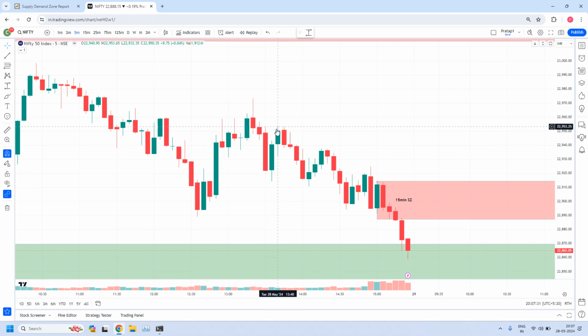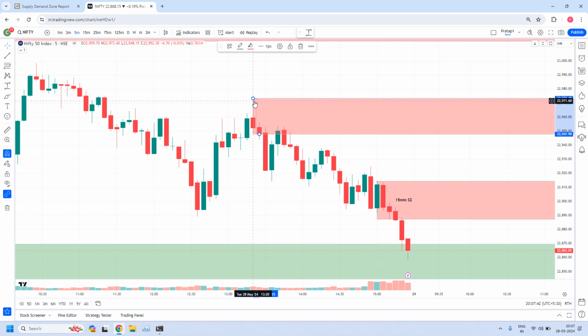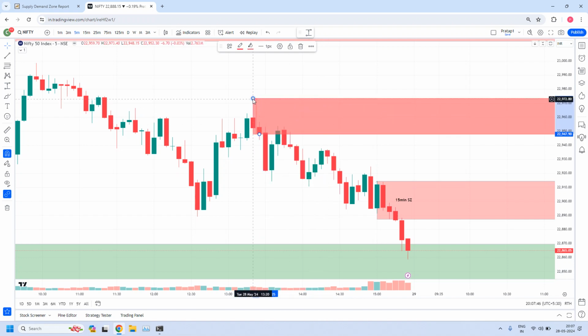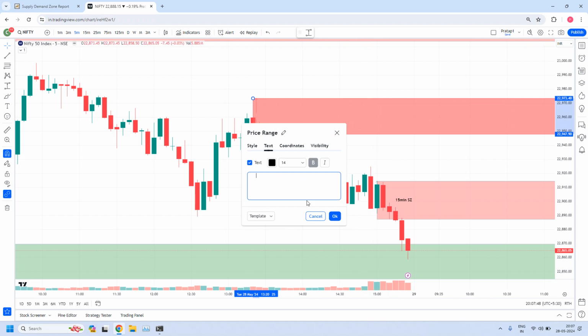Today we took the trade from here only, right? When I discussed in the high liquidity zone analysis, we were talking about this. This is a 5 minutes high liquidity supply zone. That's why it gave a very good trade.